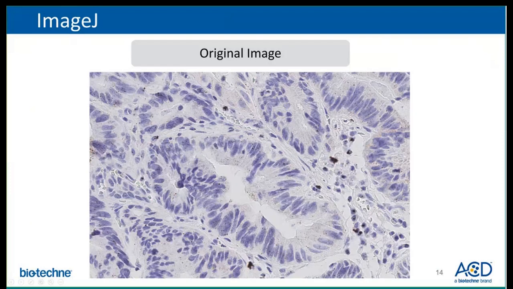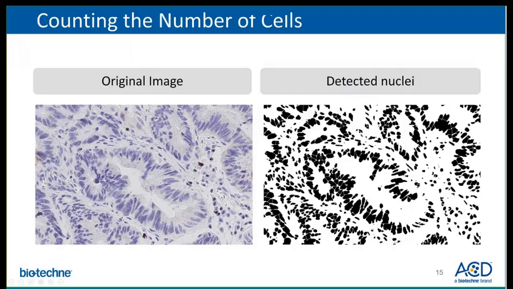So we're going to use this image. It's a stomach tissue, and the signal or the probe that we are trying to detect here is a brown RNAscope based probe.